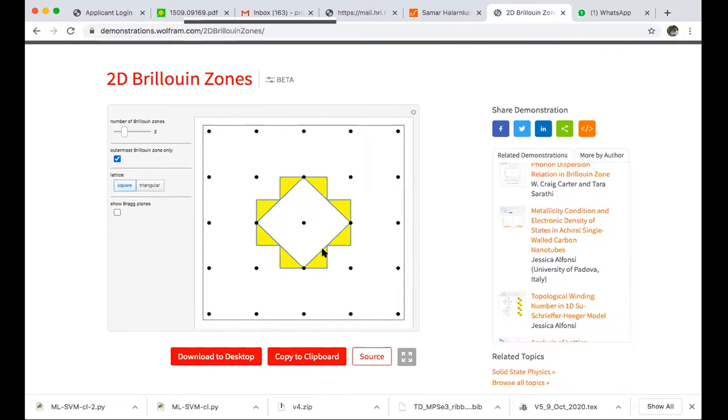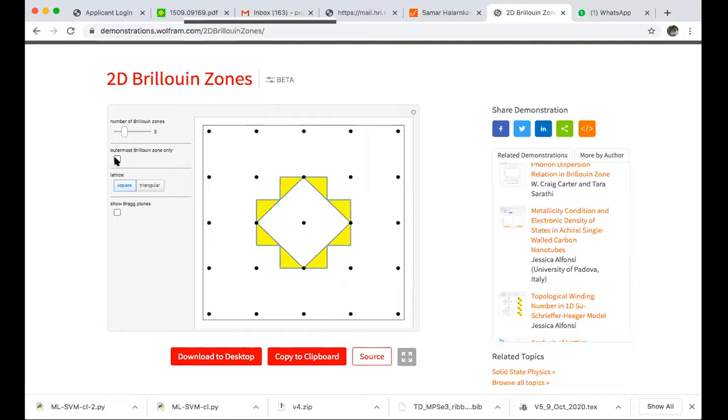So again, you can try to figure out that by moving these pieces by some appropriate reciprocal lattice vector, they would exactly fill the square that is the first Brillouin zone. So the third Brillouin zone is also a primitive cell. So all Brillouin zones are primitive cells of the reciprocal lattice.